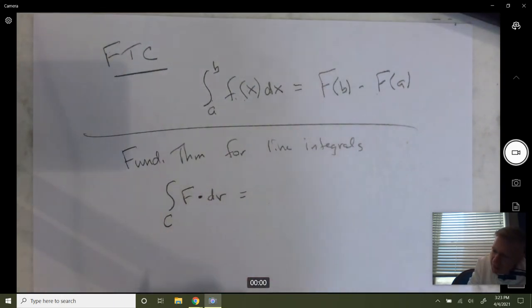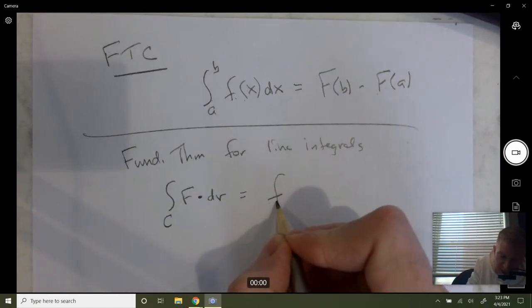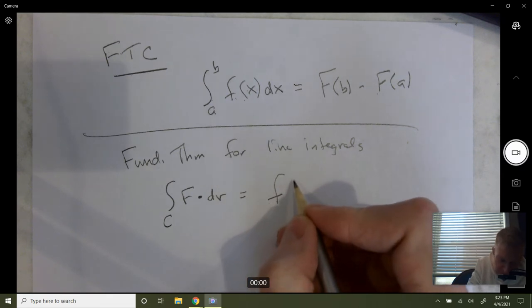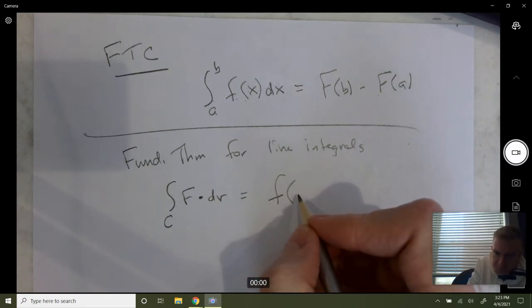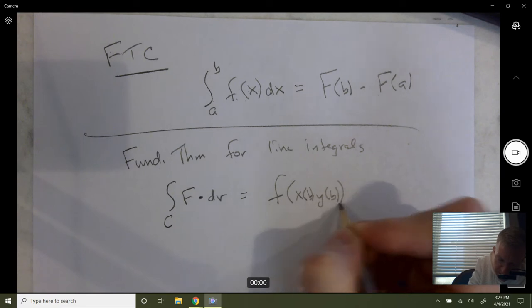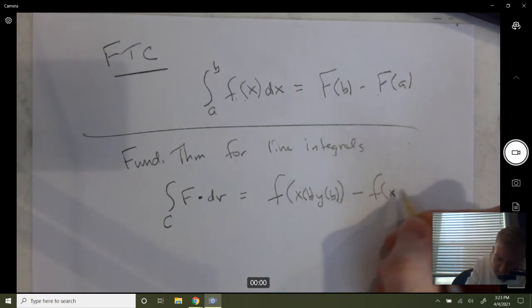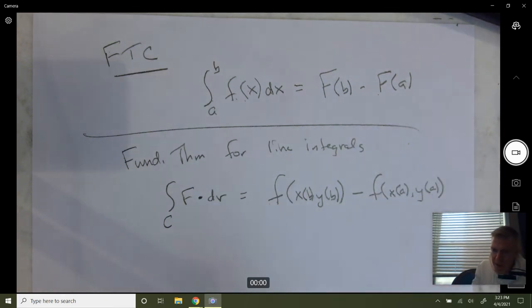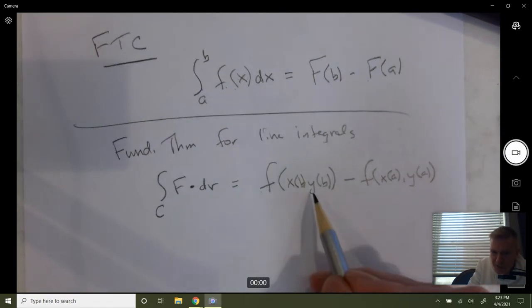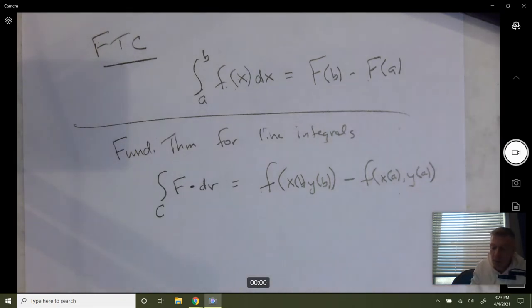And what this is going to be equal to is your potential function evaluated at the endpoint. Let's write it this way: f of x of b, y of b, minus your potential function evaluated at x of a, y of a. Okay, so it's only dependent on your final minus your initial, which kind of makes sense if it's independence of path. Now, where does this come from?